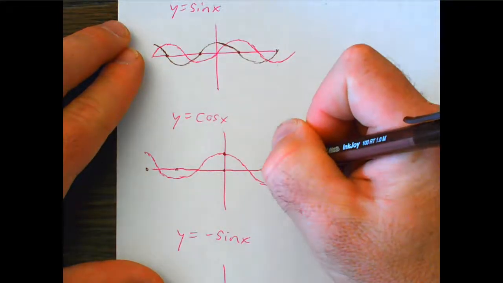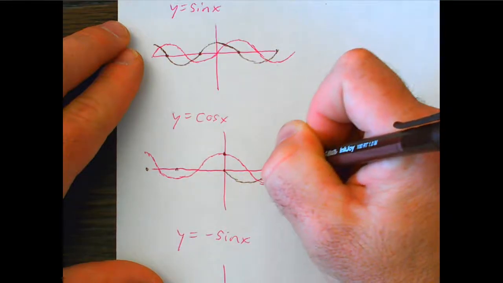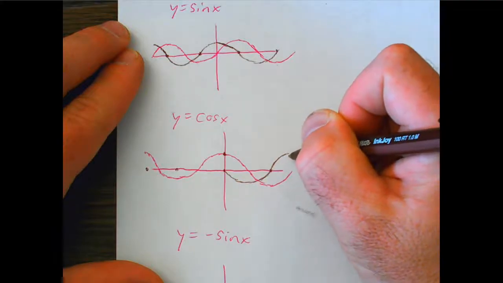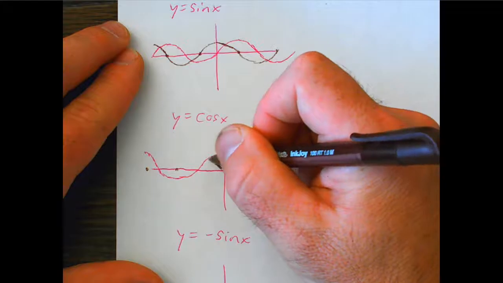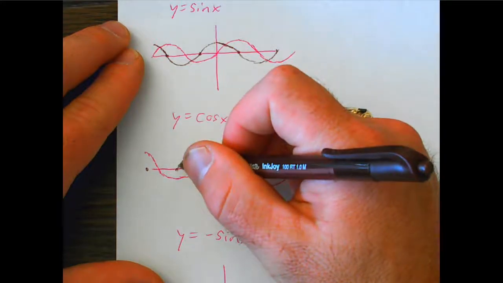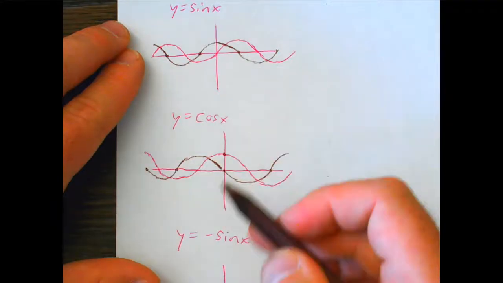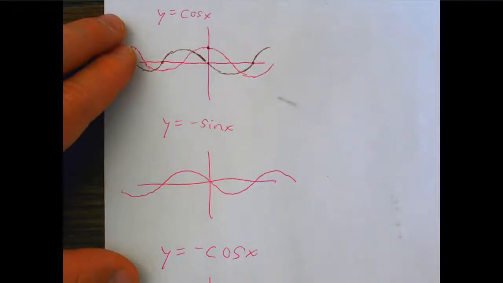In between these two zero slopes, I've got a negative. After this zero slope, I've got a positive. In between here, I've got some positive slopes. Here, I've got negative slopes. Oh, look at that. That actually looks like negative sine.